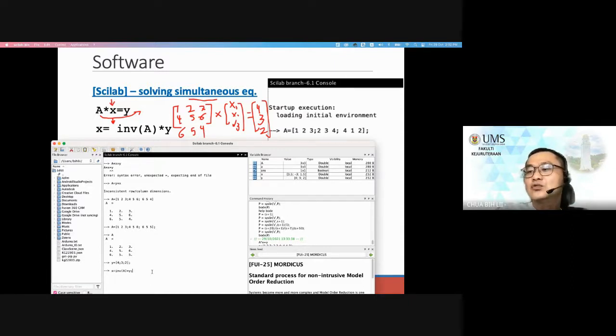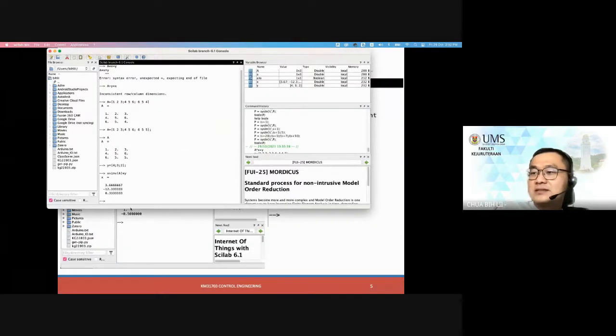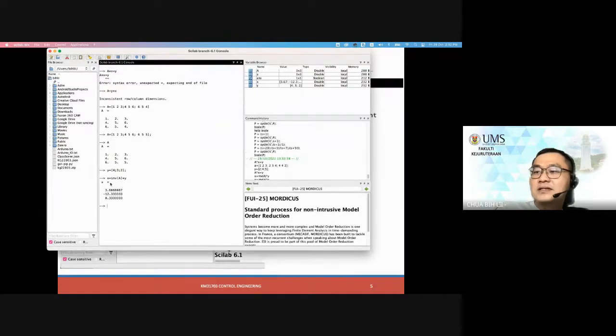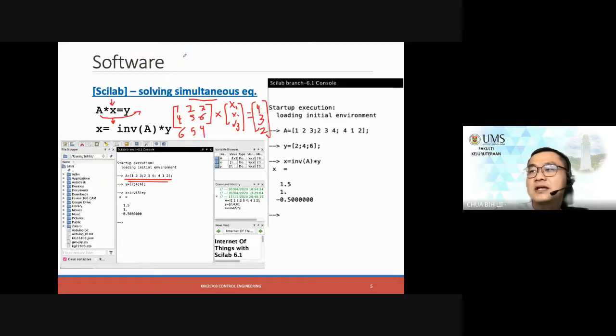If you would like to know the answer for x, just put it without a semicolon, and you get your answer. x1 equals 3.6666, x2 equals minus 12, x3 is 8.3, and so on. This is very useful when you are dealing with tens or 20 equations together. Just put them in a matrix, and this will help you solve them simultaneously, right?